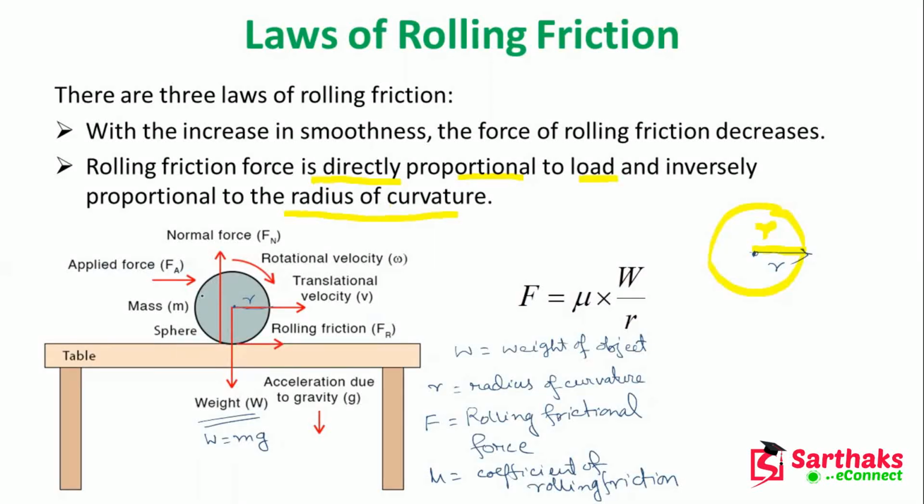The translational velocity V also acts, and rolling friction Fr will act in this direction. So the rolling friction force Fr is directly proportional to W, that means the load, and inversely proportional to the radius of curvature.